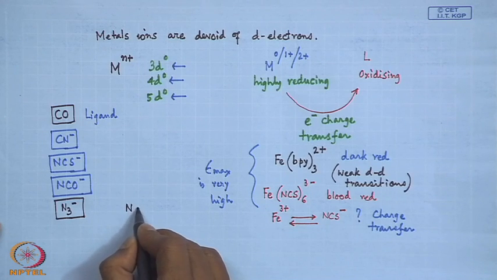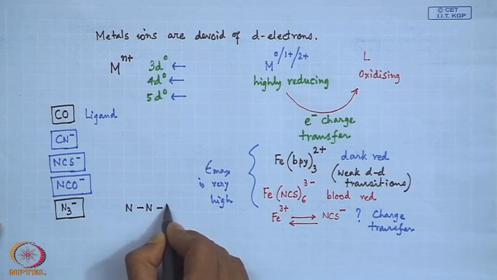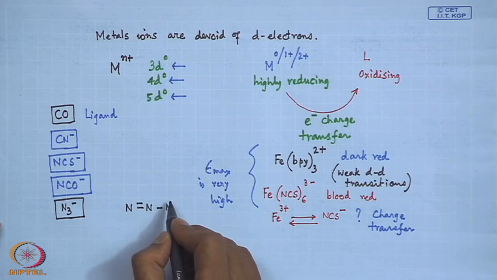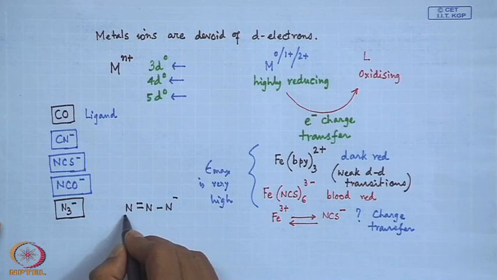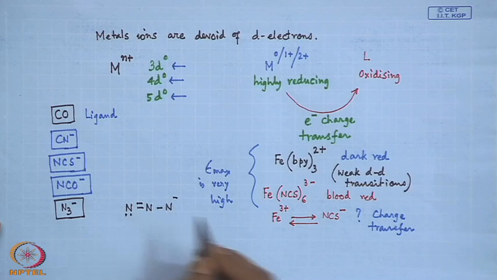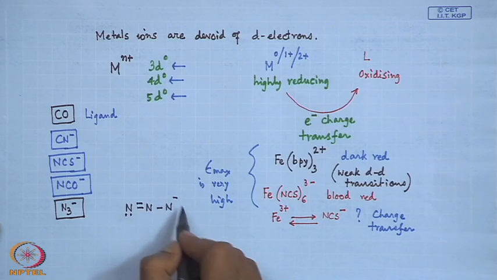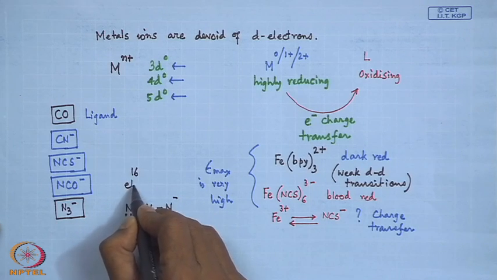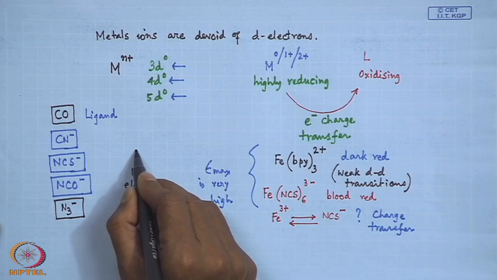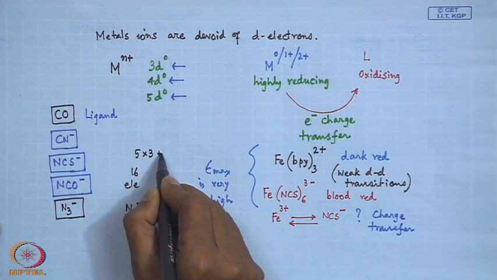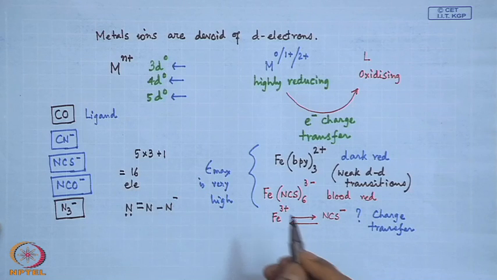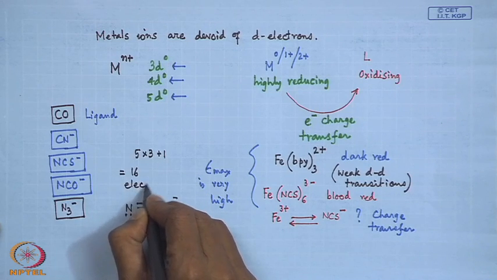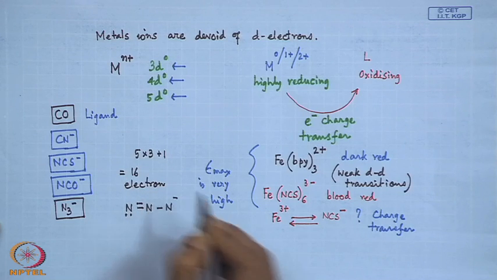So, what we see in the case of the azide ion is that we can have the corresponding charge on it and the number of lone pairs of electrons in it, because we can have a 5 plus 1, 16 electron system. So, it will be 5 for nitrogen times 3, plus 1 charge, so it is a 16 electron system.